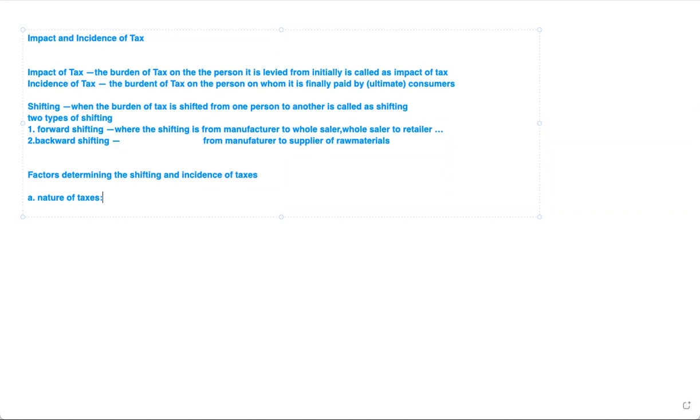Right? Nature of taxes. For example, if it is a direct tax, can direct tax be shifted? No, ma'am. No shifting possible.